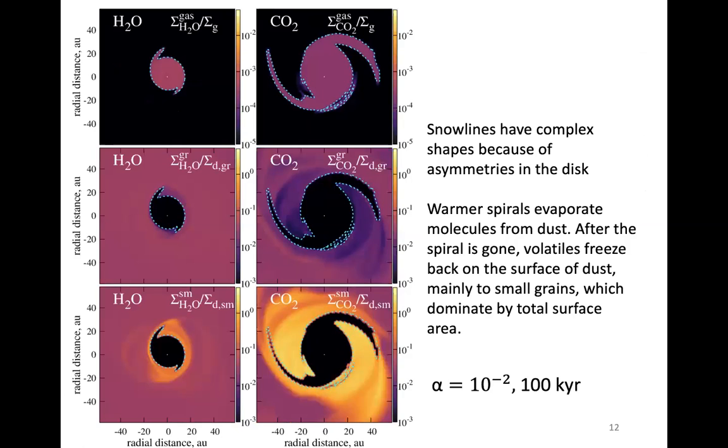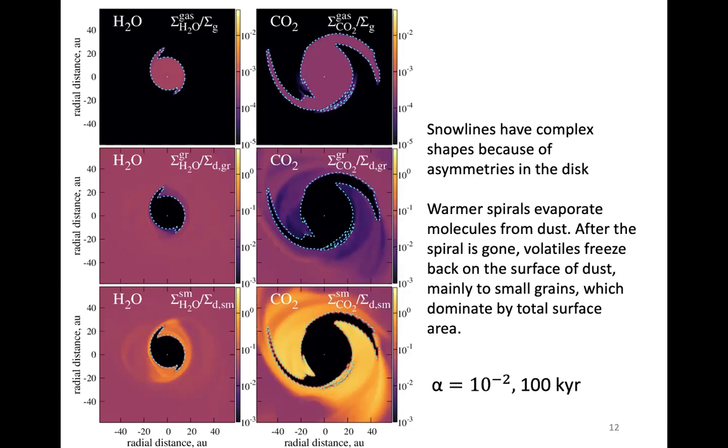If we look at the distribution of volatiles, we can see that the shape of the snow lines is very complex. It is not just a circle. It is shaped by the presence of spirals, which are warmer and denser. The spirals also move through the disk, causing the evaporation of volatiles. Then when the spiral is gone, the volatiles settle back to the dust surface.